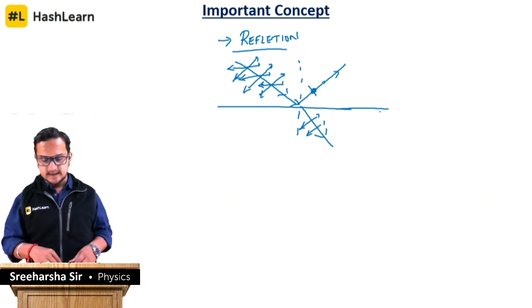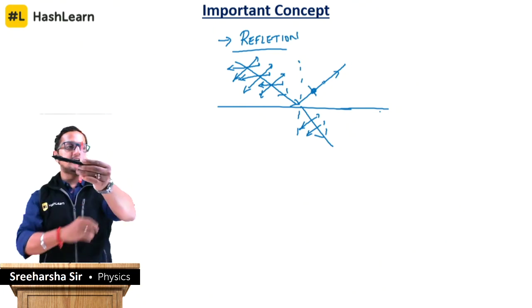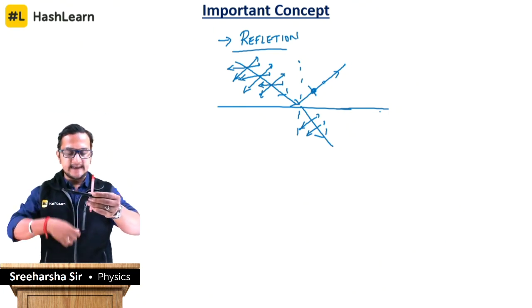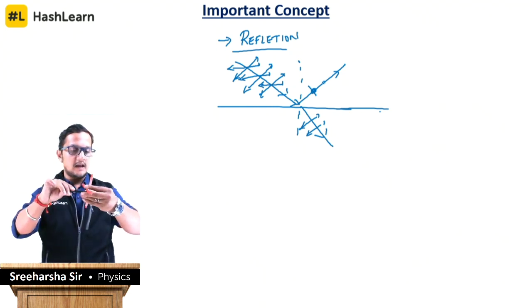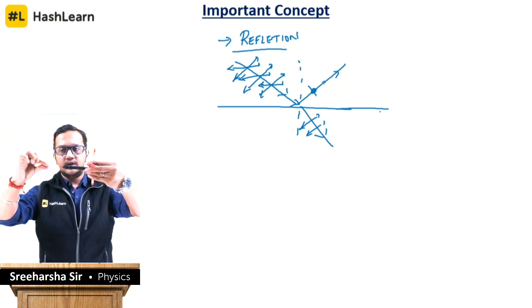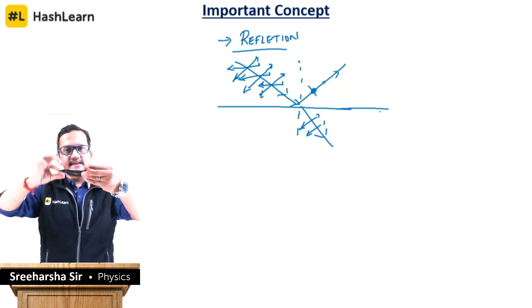So it is something like this. Let us say the electric field vector is like this and the other electric field vector is like this. If you have an air molecule which is oscillating like this, what happens when it is oscillating?